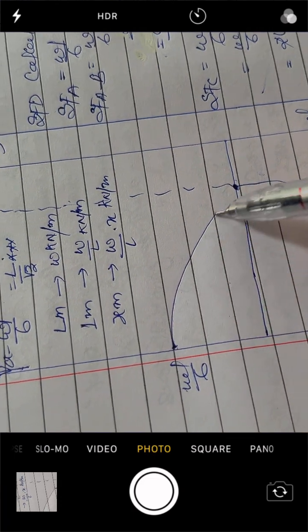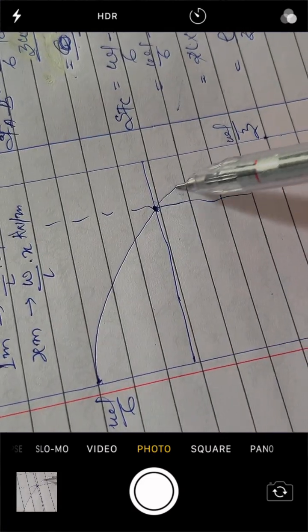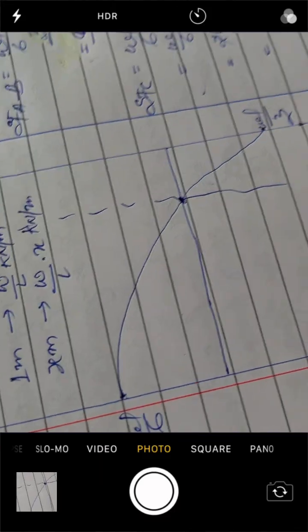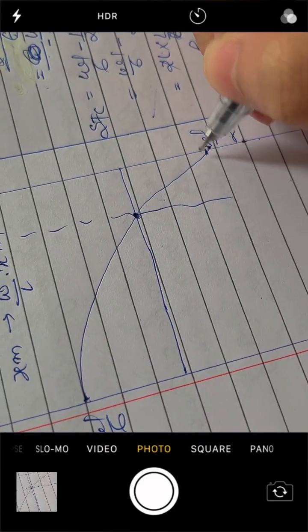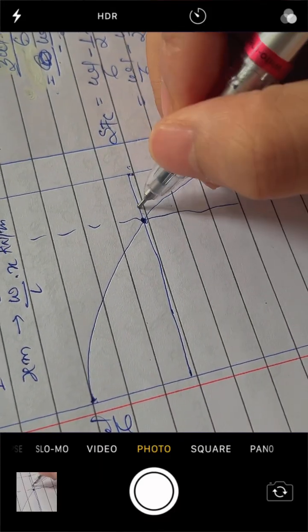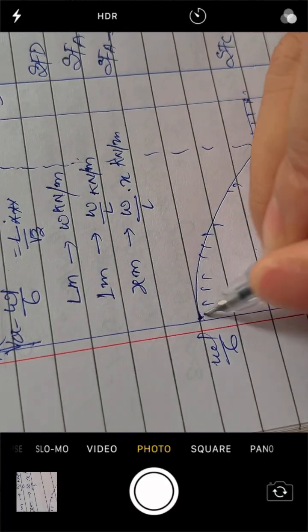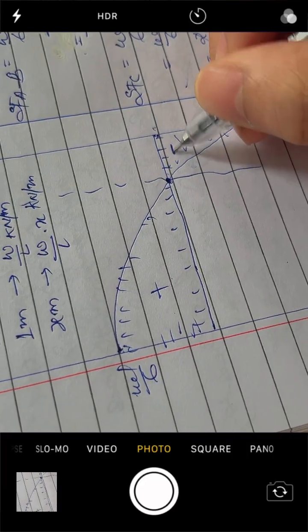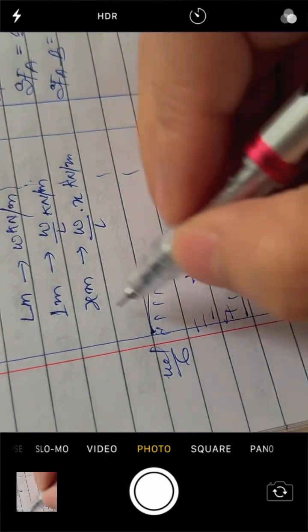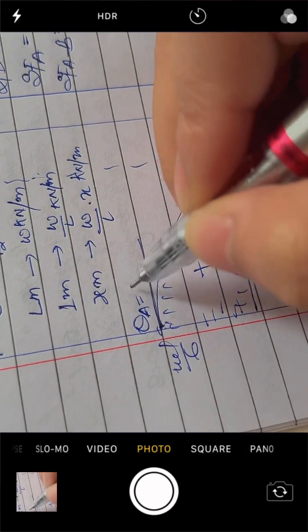So it will look something like this. I'll just draw till here, and from here to here it's 0. I cannot explain properly, but hopefully someday I will. So now you can see that here the theta is 0.